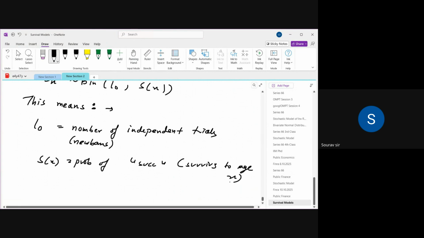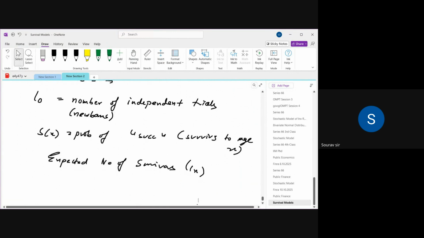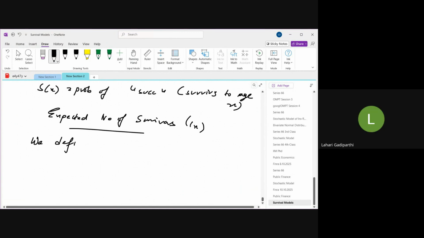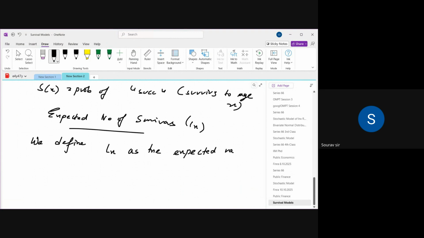So what is the expected number of survivors? We define L(x) as the expected value of L(x). Expectation of L(x).